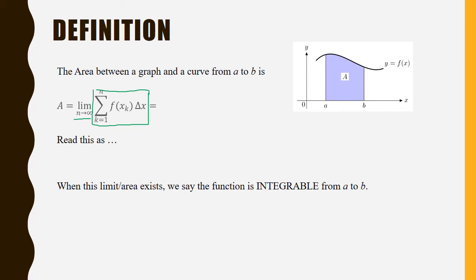In other words, as we allow ourselves to use more and more rectangles, that limit is exactly what we call the area. Okay? And so no more error, no more approximation, it is exactly the area.